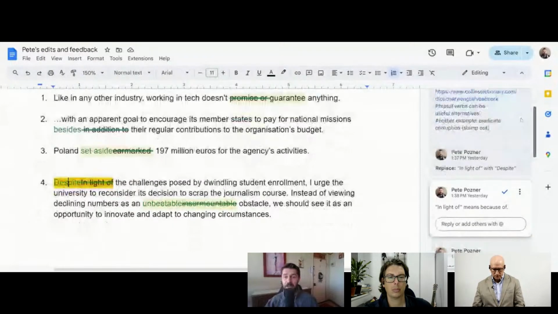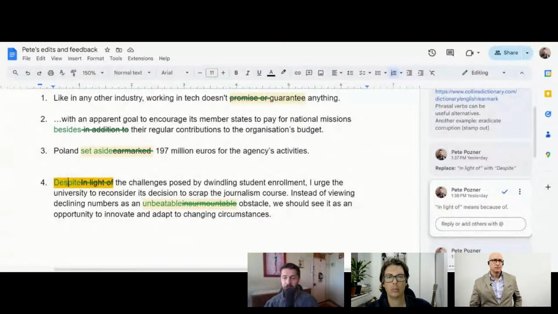And yeah, final point here. So in the same paragraph, she said, instead of viewing declining numbers as an insurmountable obstacle, we should see it as an opportunity to innovate and adapt to changing circumstances. So again, I've focused mainly here on word choice, style, formality. Insurmountable, that's 5 syllables.